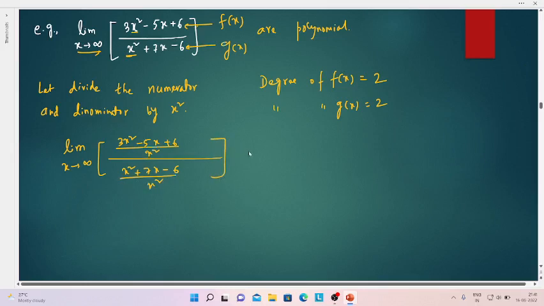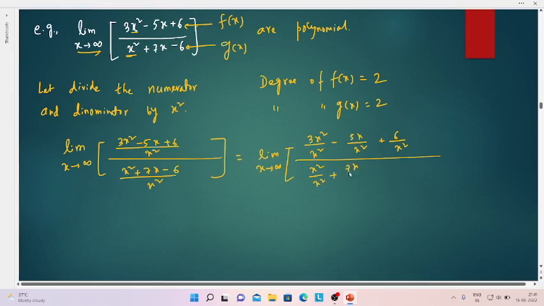So we can write this as the limit as x tends to infinity of 3x square by x square minus 5x upon x square plus 6 upon x square, and the denominator can be written as x square upon x square plus 7x upon x square minus 6 upon x square, right?